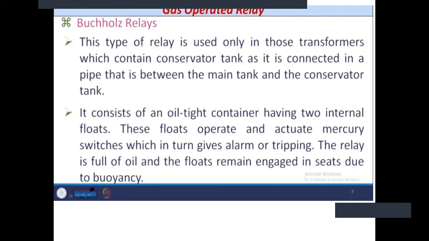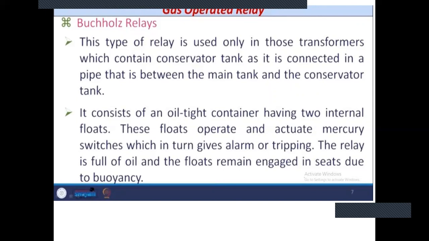This type of device is utilized particularly in our country, whereas sudden pressure relays are not connected between the conservator tank and the main transformer tank, and hence are used in some other countries. Now let us discuss the working principle of the Buchholz relay.